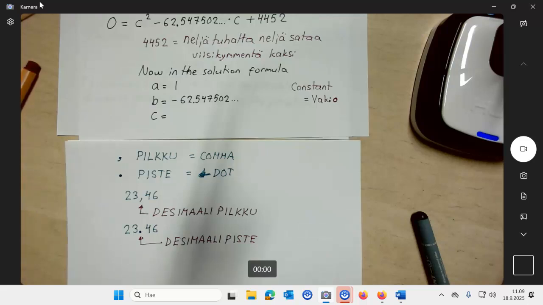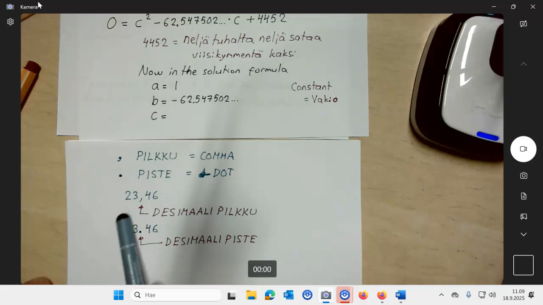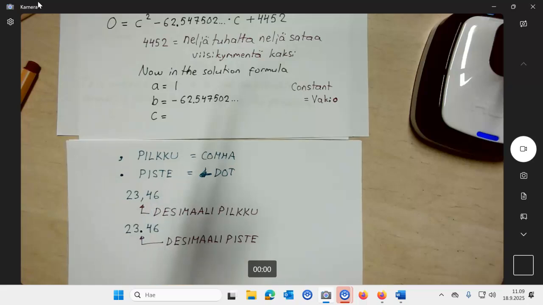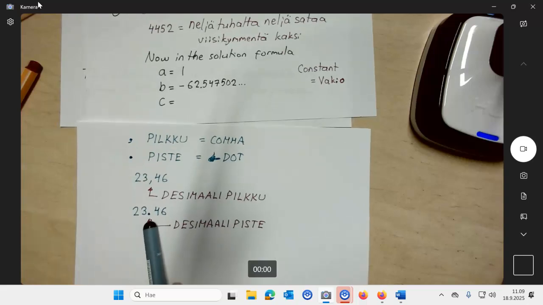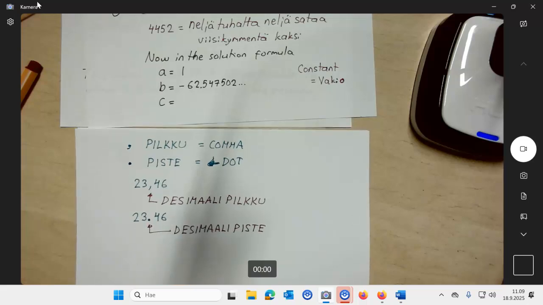Actually, I think the most official way would be the same in Finnish also, but many times we only say 23,46 or, with the decimal dot, 23 piste 46. In English you cannot call it that way; after the point you have to say the individual digits.